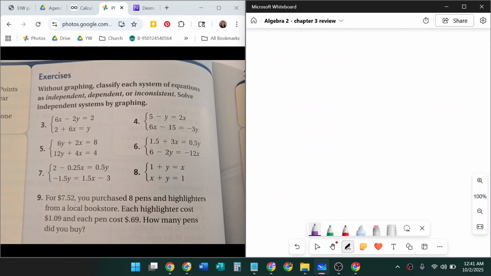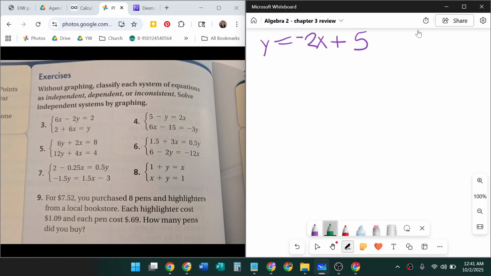Alright, so let's look at the next one, number 4. Let's quickly rearrange this. So we're going to put 2x, and then we would subtract the 5, and that would be a negative y. But to make the y positive, I just need to swap everything else.